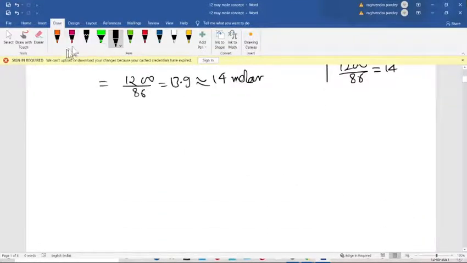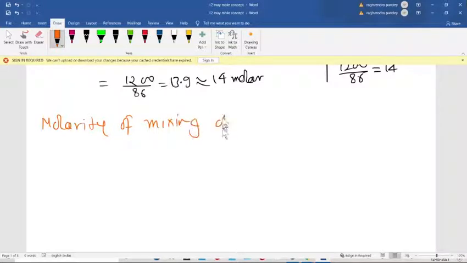Now another concept which we have to learn today is molarity of mixing of two solutions. So that is another concept here.